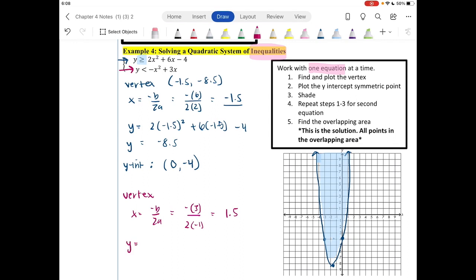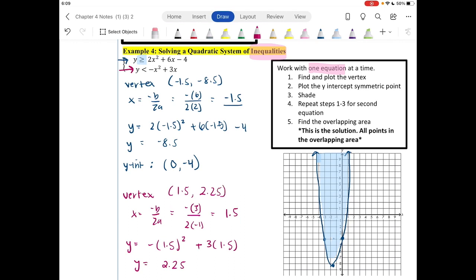Plug that back into the equation, and y will be equal to negative times 1.5 squared. Make sure you put parentheses when you're plugging values in, plus 3 times 1.5. And our y value will occur at 2.25. So the second vertex is at 1.5 and 2.25, or 2 1/4.